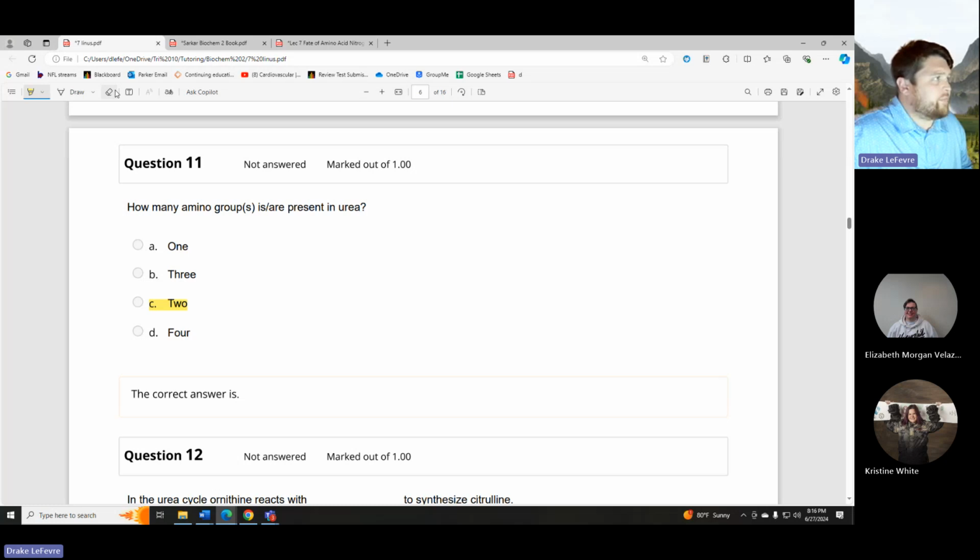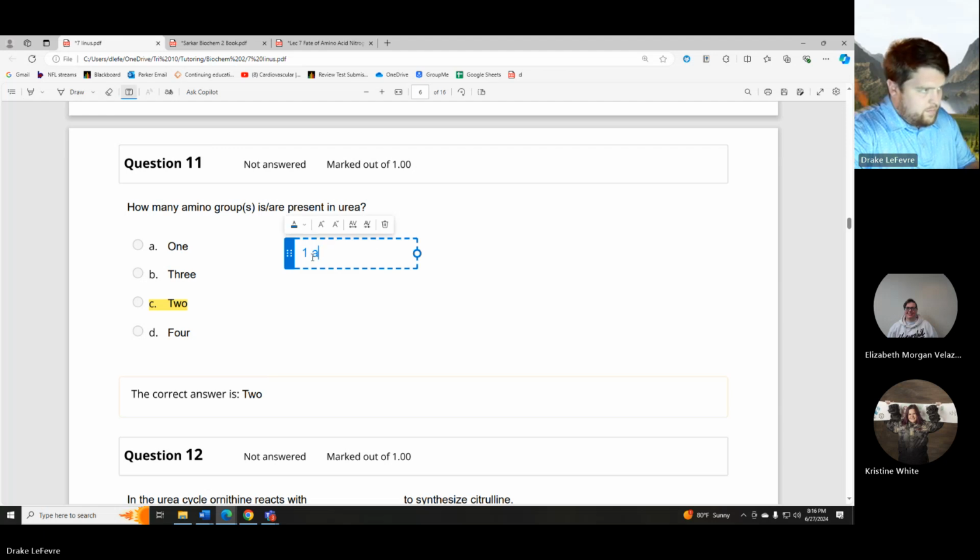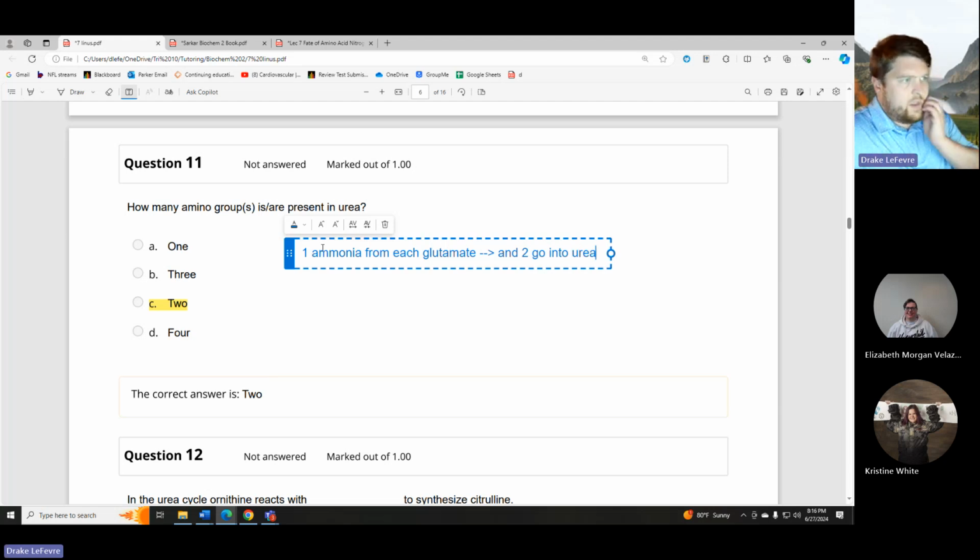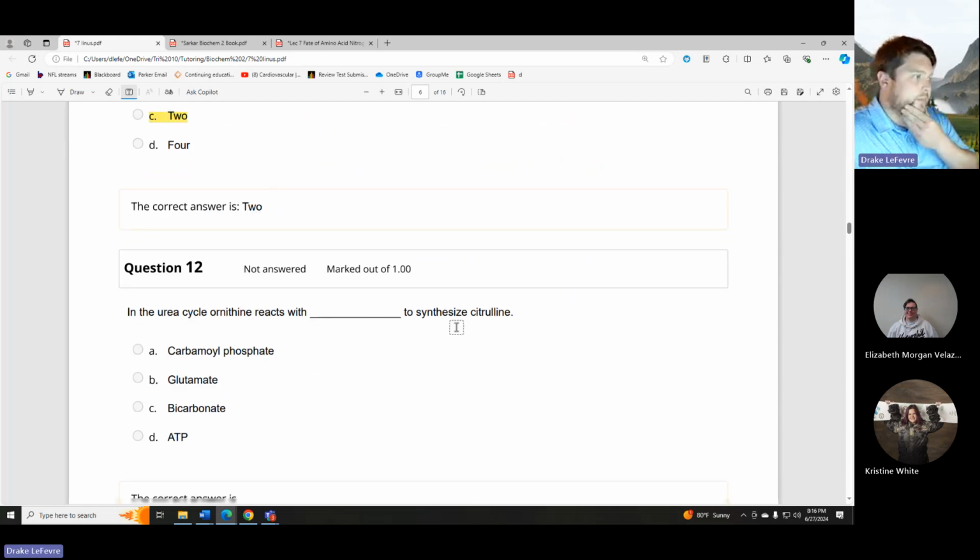That's honestly just a, hey, you need to know what it looks like. We get 1 ammonia from each glutamate, and these 2 go into urea. Okay.